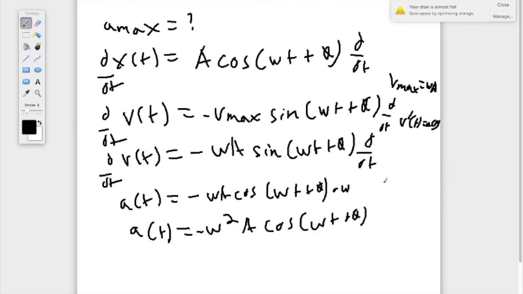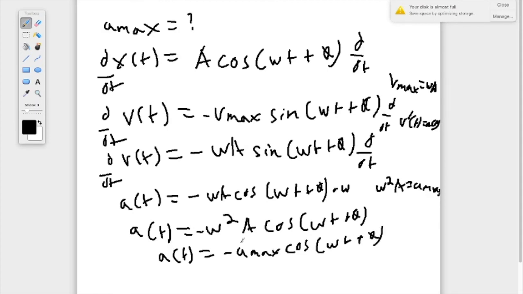And we know that omega squared times A is a max. So a of t equals negative a max times cosine of omega t plus phi.